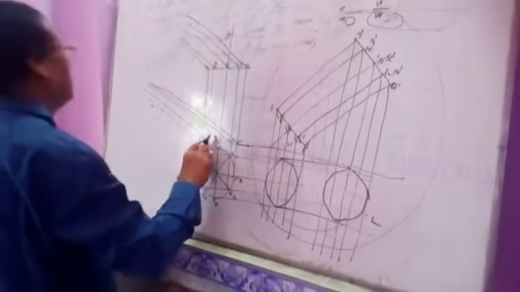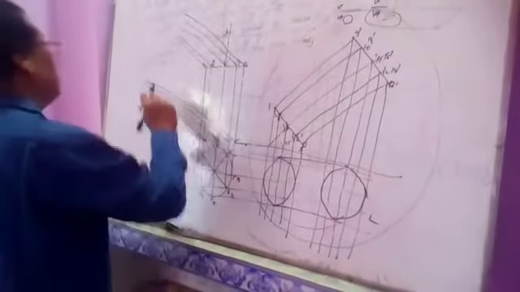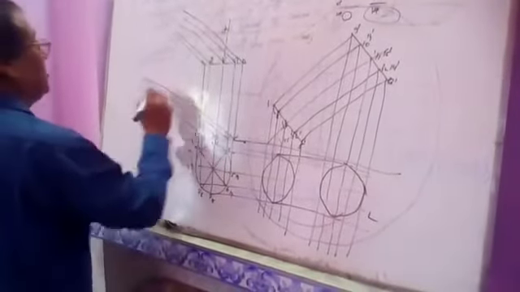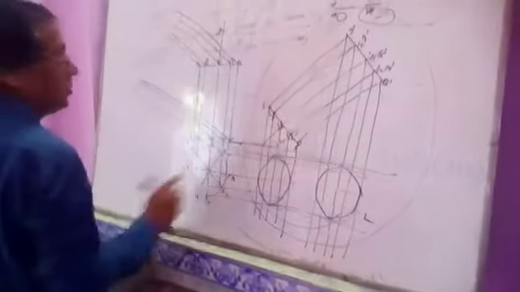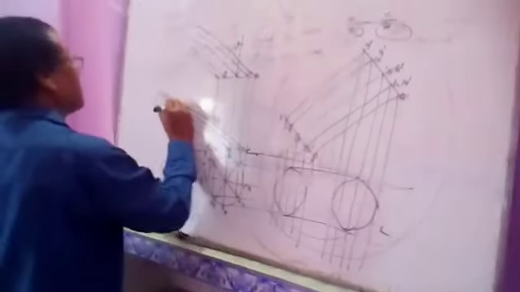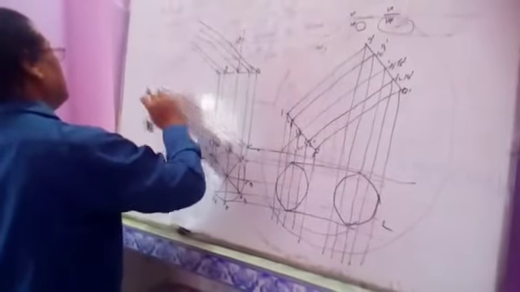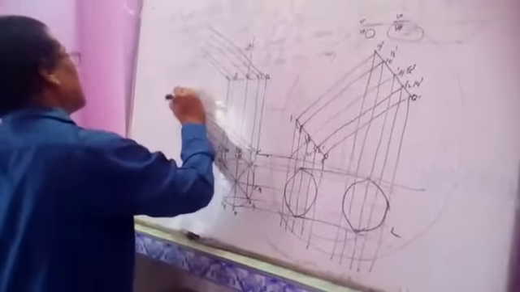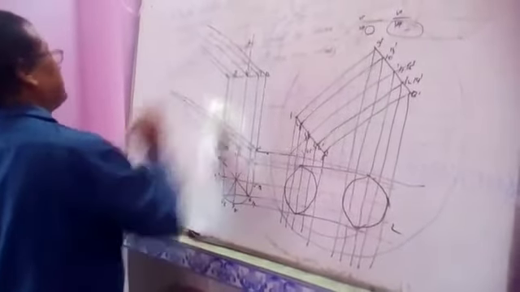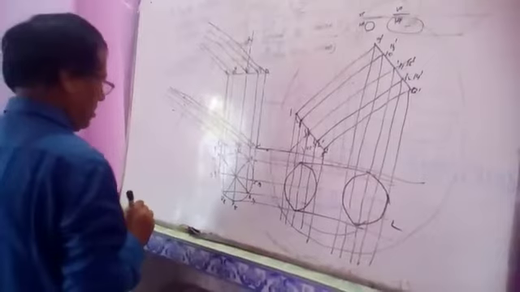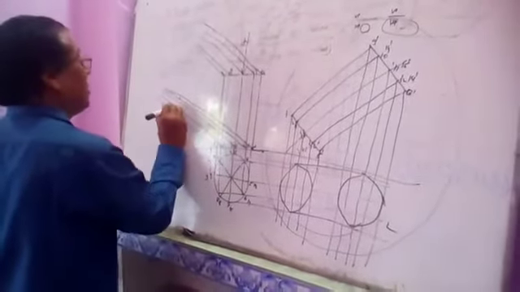So this distance is copied here. Similarly, this distance will be copied on the projector of this, like this. So it will be 2, 3, similarly 4, similarly 5, 6, 7, 8. Okay? And join all these.